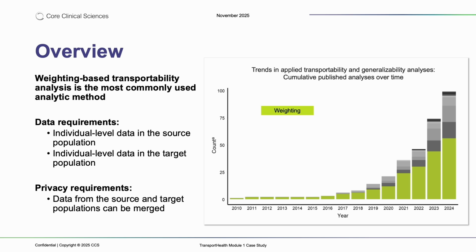So that would be the study that we're starting with. And then we also need individual level data in the target population. So that's the population you want to transport the study results to. When we consider this from a privacy perspective, we need both these data sets to be mergeable. So one person needs to be able to have access to both data sets.